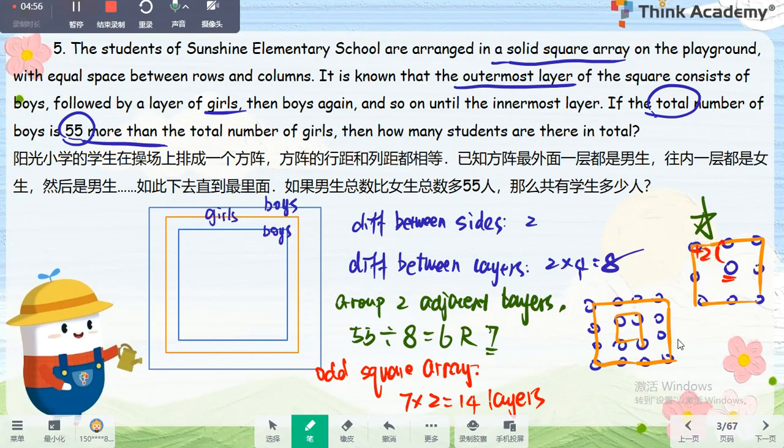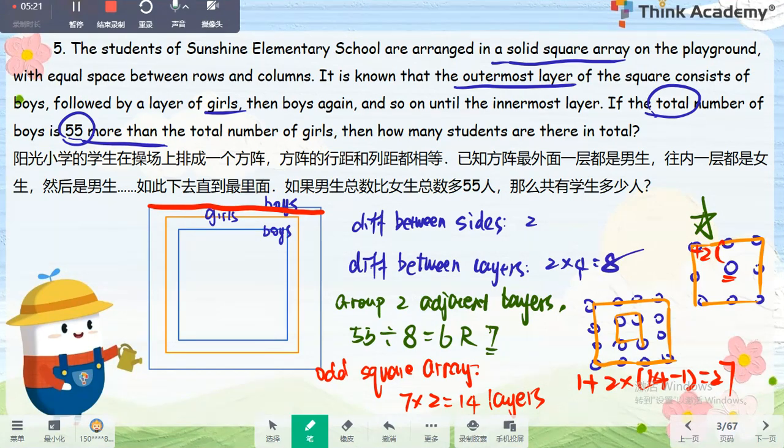So the number of students on one side of the outermost layer is 1 plus 2 times 14 minus 1. Actually, that is just the arithmetic sequence. The difference between two adjacent sides is always 2.